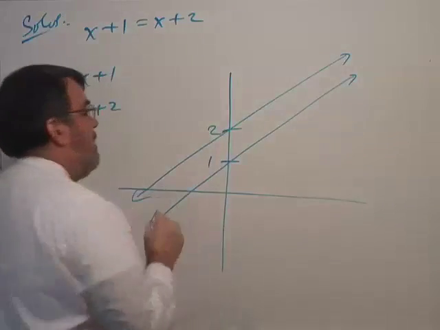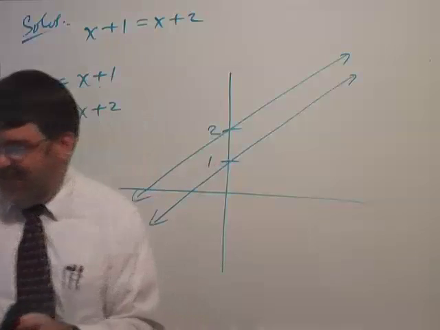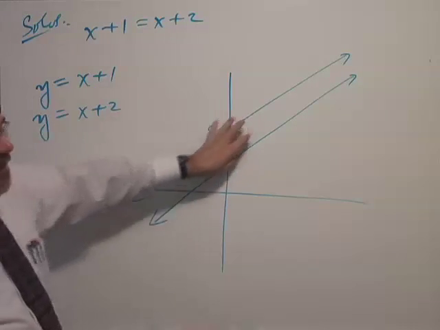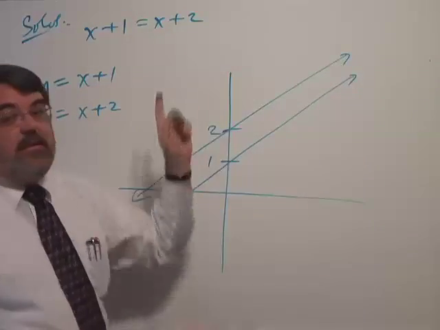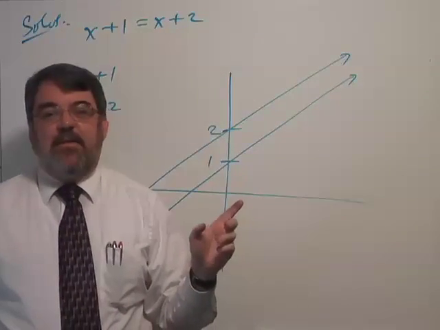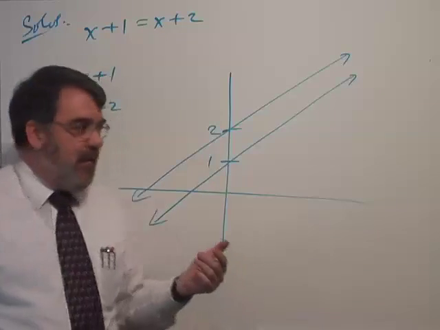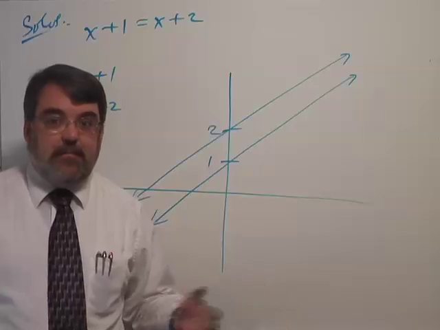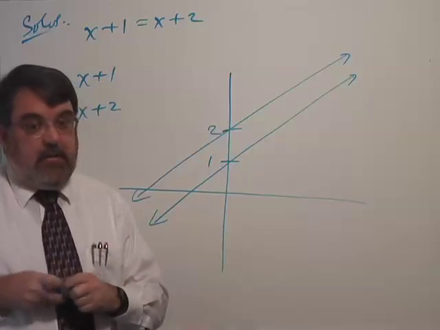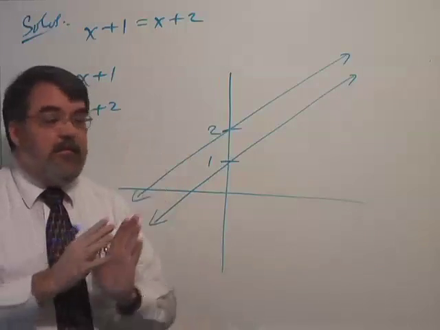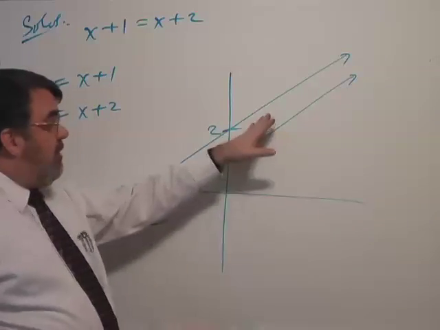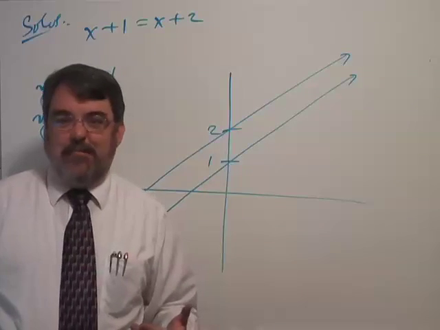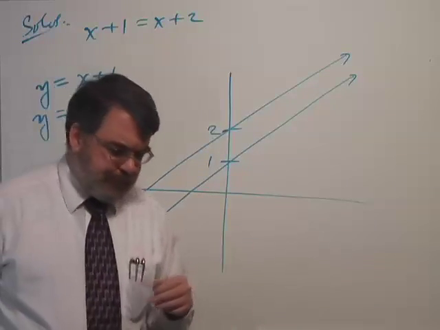When they have the same slope, then they run parallel to one another. And so these form parallel lines. Trying to solve this equation is akin to trying to figure out where 2 parallel lines intersect. And they don't, obviously. Being parallel, they run side by side, off to infinity. So they do not intersect. That means there's no common point between them. It means there's no answer.